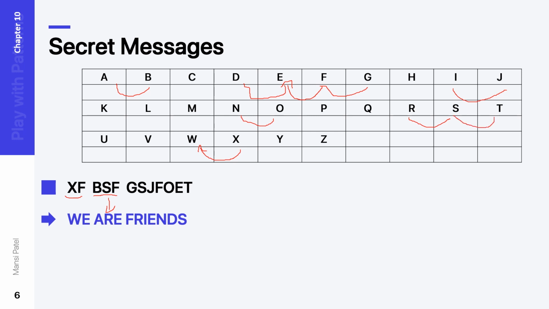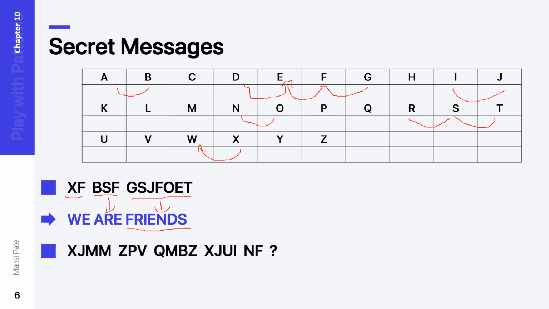So this GSJFOET represents the word friends. So this is which sentence? We are friends. Let us see the next one. The same thing you have to do.